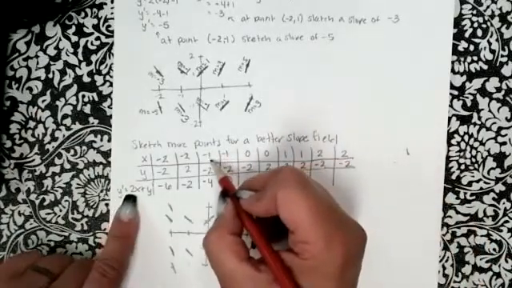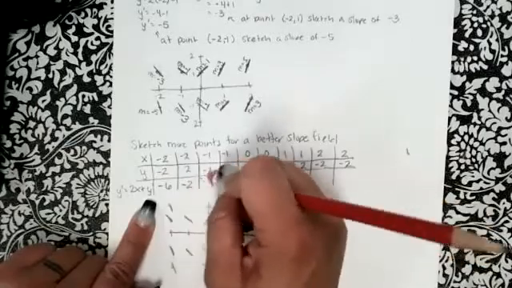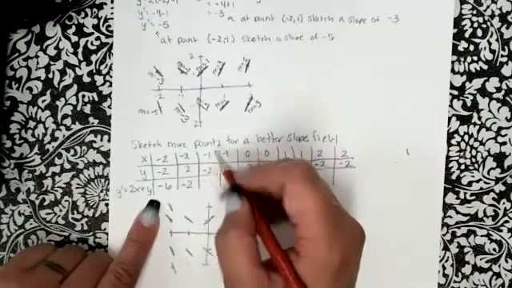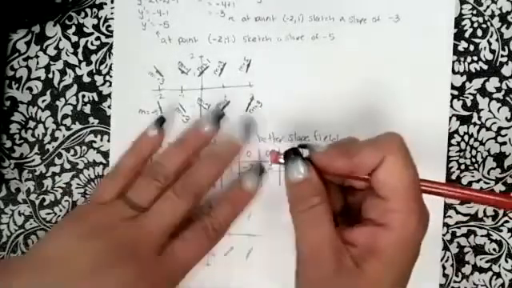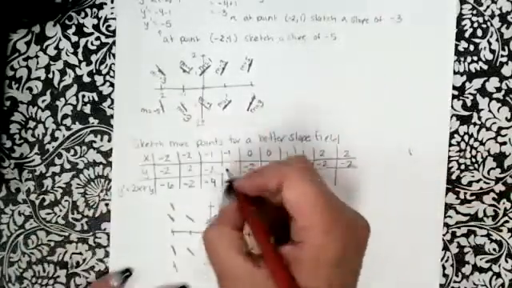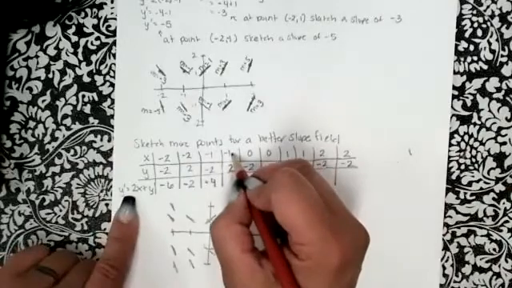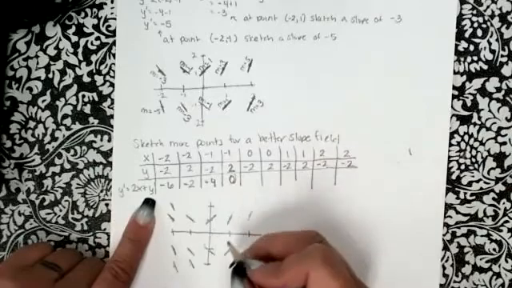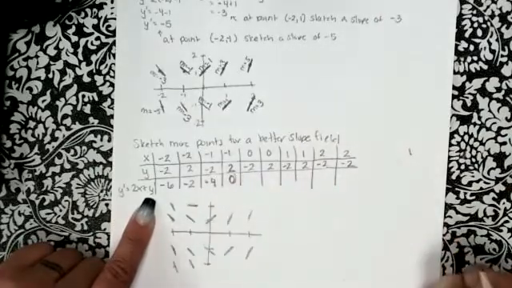Let me see. 2 times negative 1, that's negative 2. Negative 2 minus 2 is negative 4. Why did I do this? Oh, this should have been a positive 2. So then right here, negative 1 times 2 is negative 2 plus 2, that's a 0. So then right here at negative 1, positive 2, that's a 0.